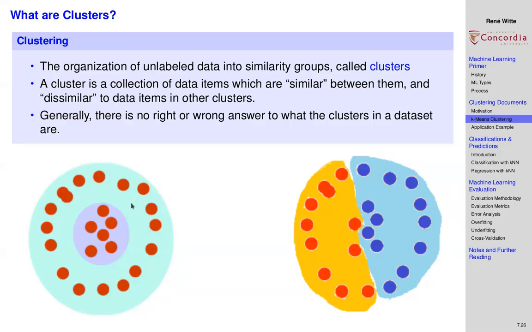So if you look at these points here, it's the same points. We could say that the points in the middle are one cluster, and these points around here are a second cluster. But you could also say you just split them in the middle somewhere, and one half is one cluster and the other half is the other cluster. So I'll come back to this point at the end, but it's important to understand that there is no single correct solution for clusters.